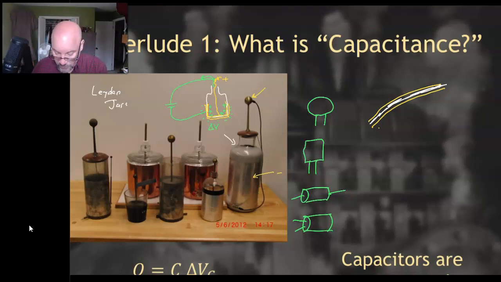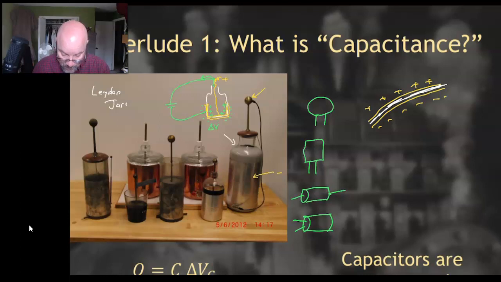That way you can accumulate negative charges on one side and positive charges on the other. Once you have these charges accumulated, then you can pull those back out if you needed to. That's going to make a little more sense as we go along here. But you could pull those out if you need to.